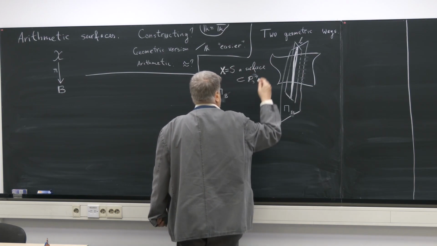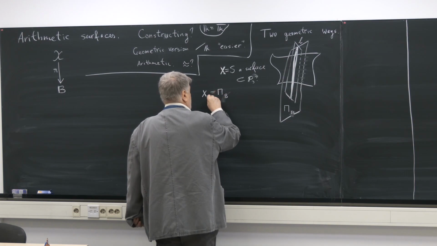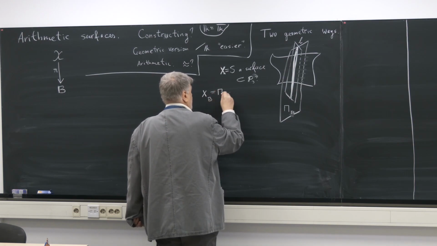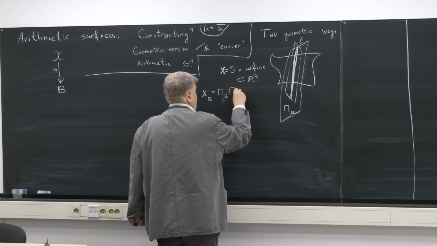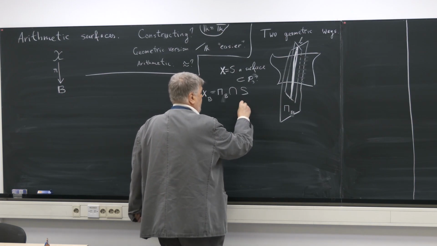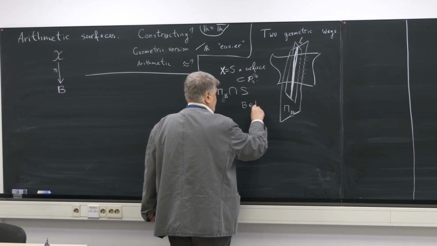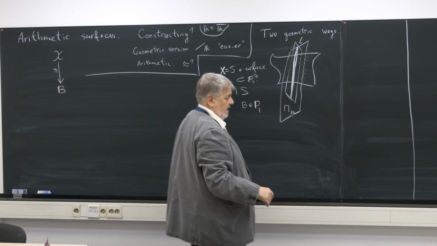In this case, it's just the arithmetic surface, and X sub b is pi sub b intersected with S. Here b is parameterized by the projective line.